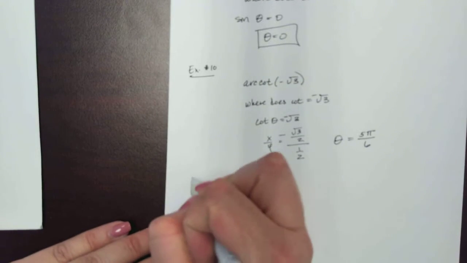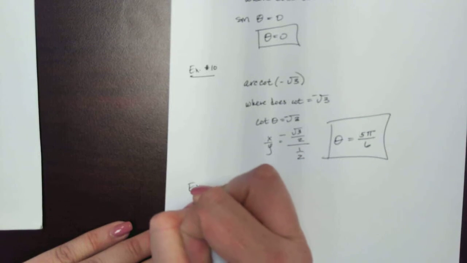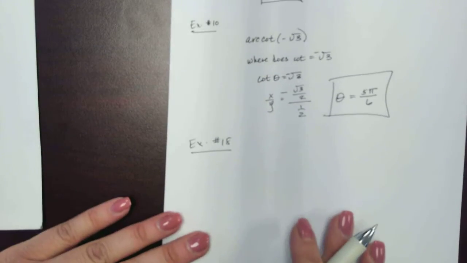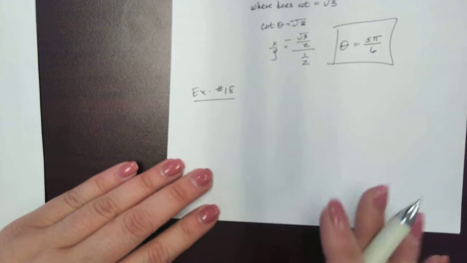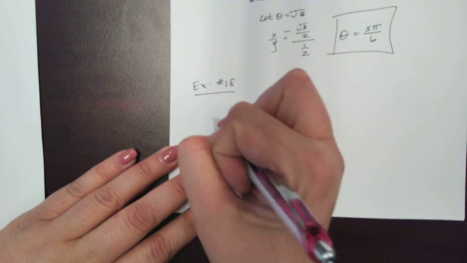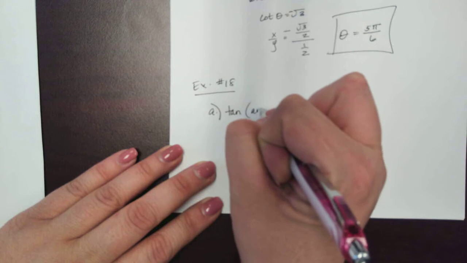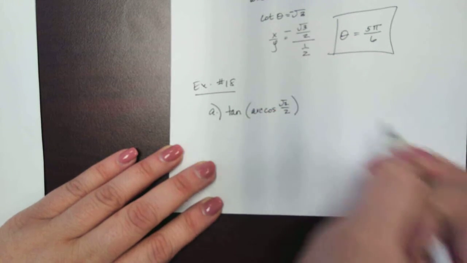All right, so this is our final answer here. Let's do example number 18. I'm going to write a little bit bigger so it's easier to see. Example number 18 has two parts. A is tangent of arc cosine of square root 2 over 2.